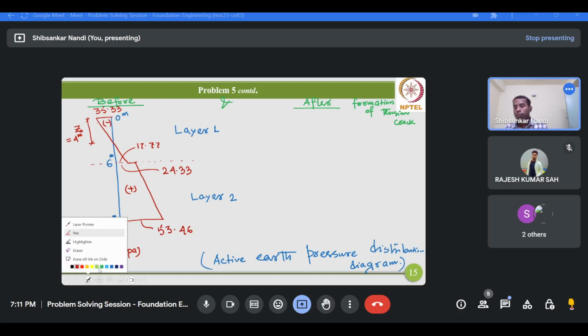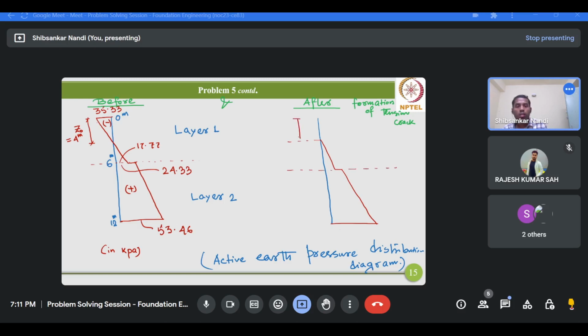Therefore, the distribution will be modified in this fashion. It will simply start at a depth of 4 meter, and then vary up to the base of the wall.